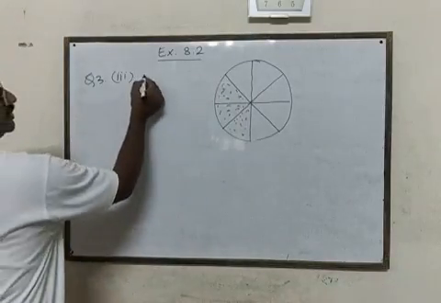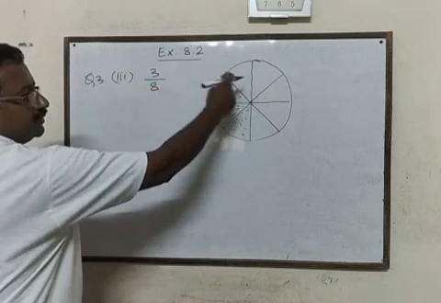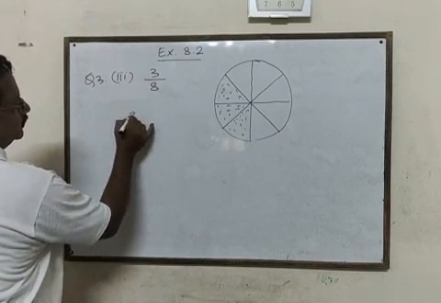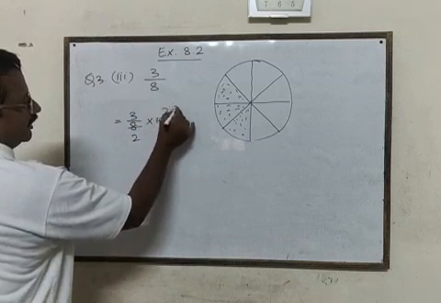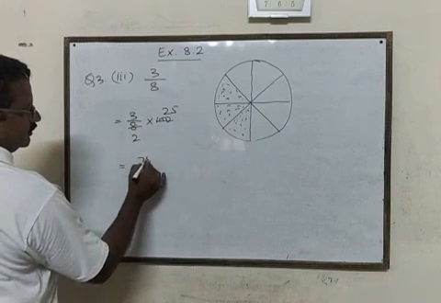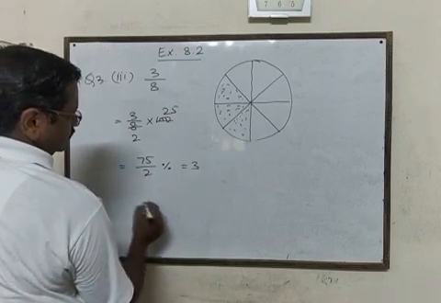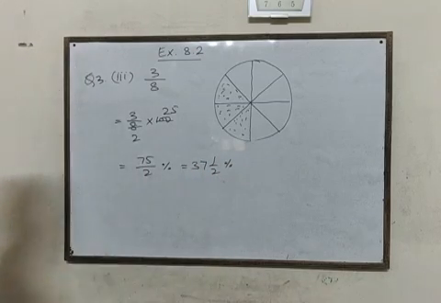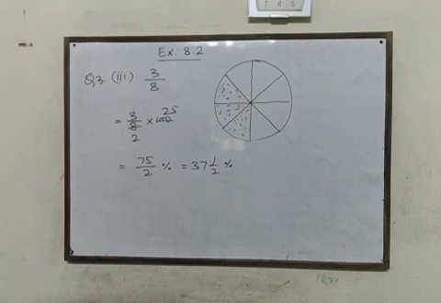So according to the picture, this is 3 upon 8, because out of 8, 3 parts are shaded. Now convert this number into percentage. 3 upon 8 into 100. 4 2s are 8, 4 25s are 100, 25 3s are 75 upon 2%. This is 37 and 1 by 2% or 37.5%. So it is up to you whether you want to give the answer in decimal or fraction.